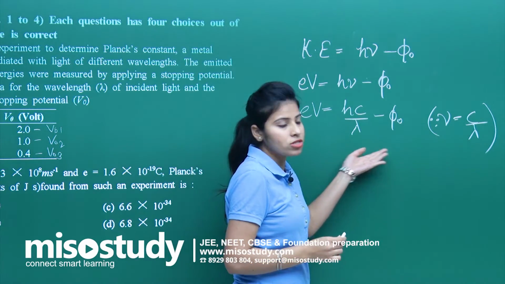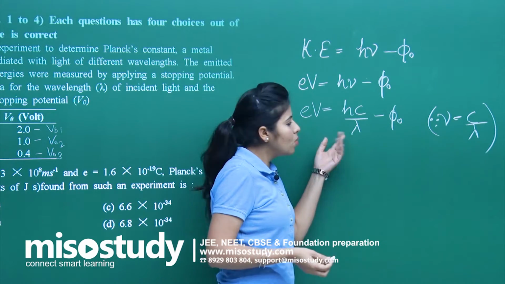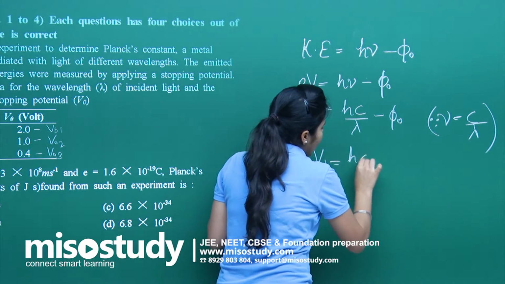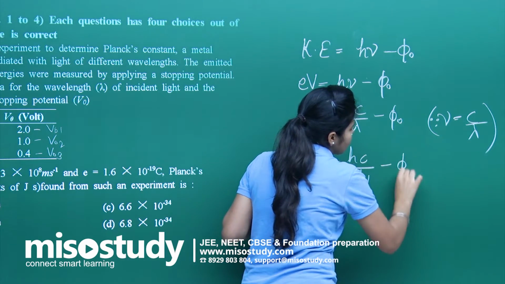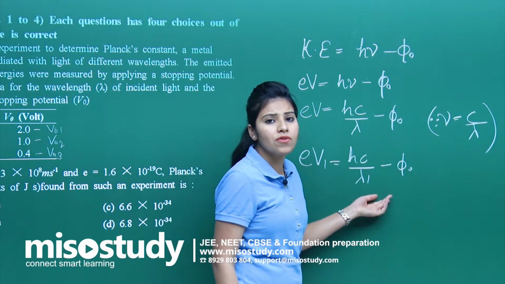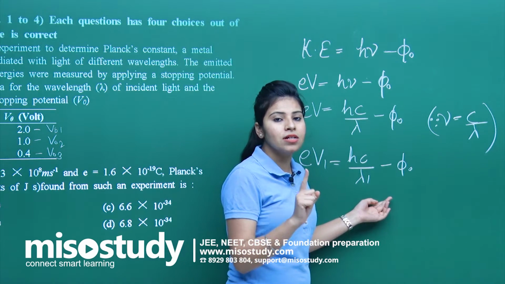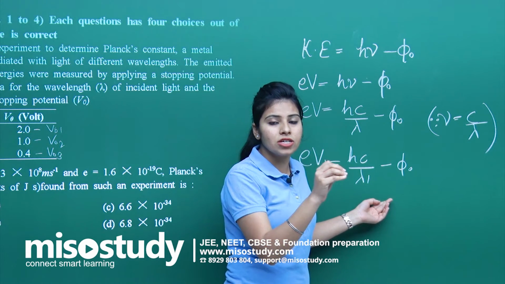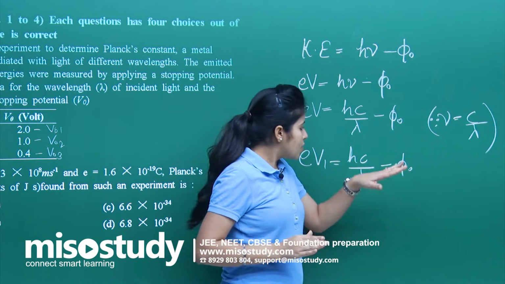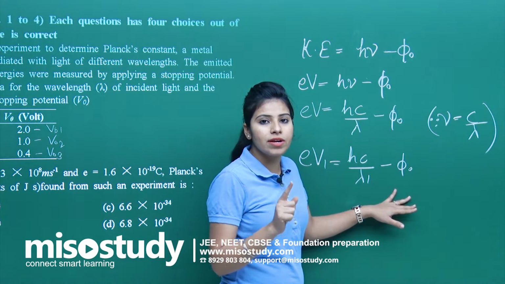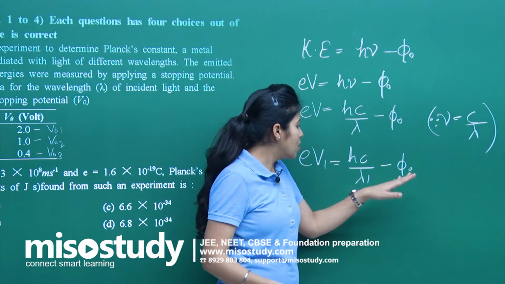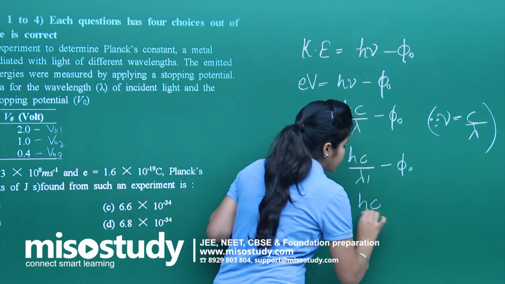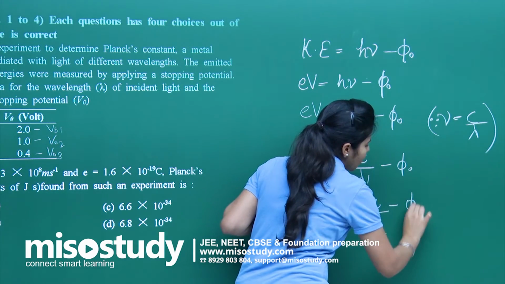Since nu equals c by lambda, we put this value in place of nu, and we have this equation in the form of lambda. Now from this you can write eV1 equals hc by lambda 1 minus phi naught. Phi naught is the work function, and for a particular metal the work function remains the same, whatever the wavelength radiating over the metal surface. So we can write eV2 equals hc by lambda 2 minus phi naught.